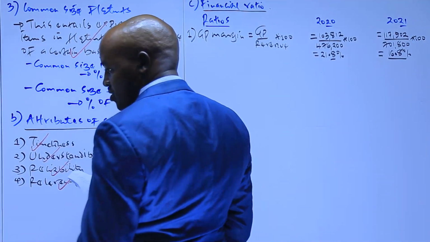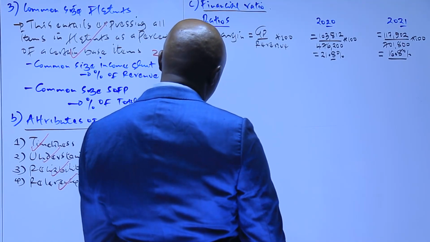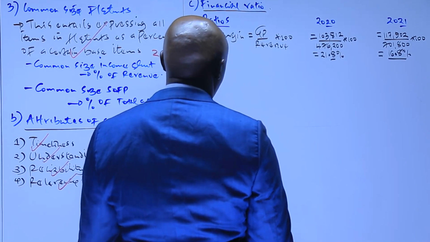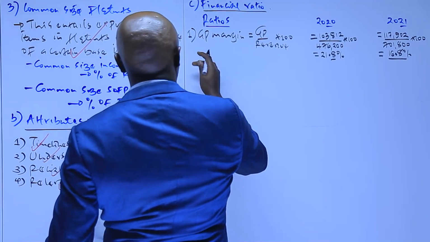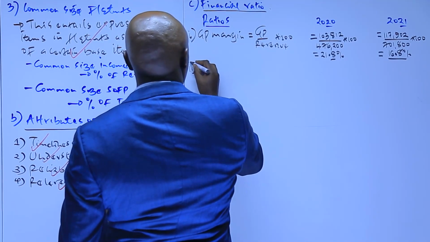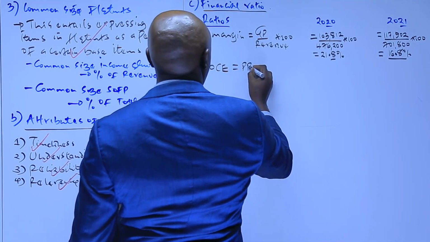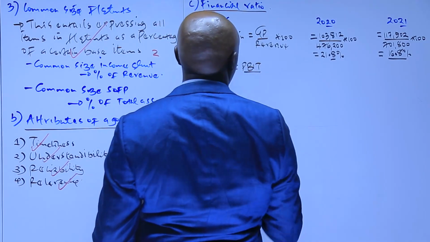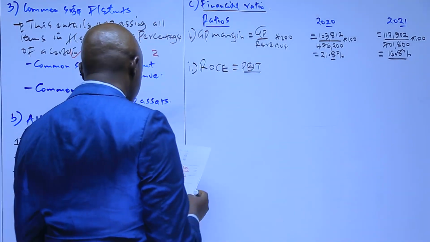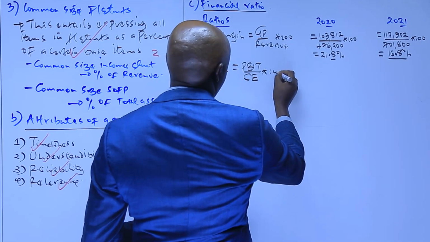So let's move to the other ratio. Number 2, or Roman 2, we are required to compute return on capital employed, or ROCE. We compute this by taking PBIT, profit before interest and tax, and dividing that with capital employed times 100.